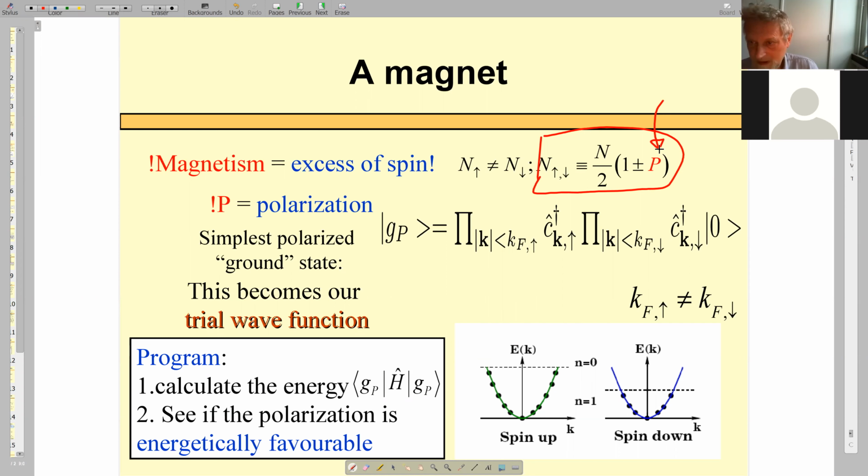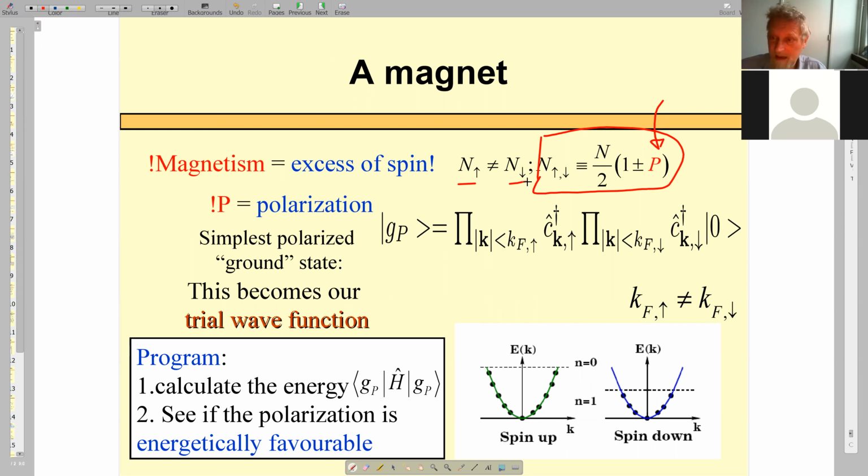Let's do it in the simplest way. Let's assume that electrons with different spin directions are just independent gases. And let's choose the ground state of each gas in such a way that it accommodates these numbers of particles. What does it mean?